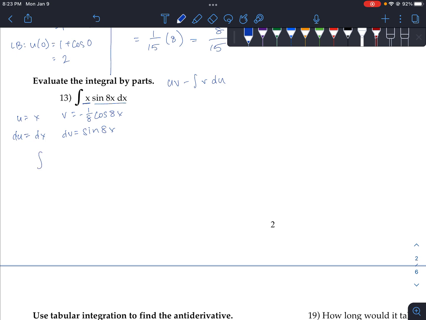So my integral would be equal to uv, the product of these two. So that's going to be negative 1 over 8 x cosine of 8x minus the integral of v du, so multiplying those together, the integral of negative 1 over 8 cosine of 8x dx.